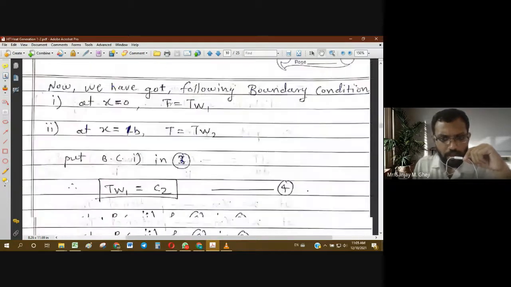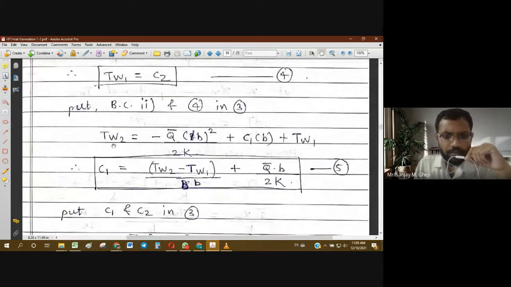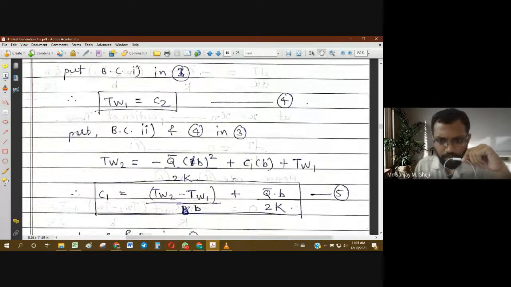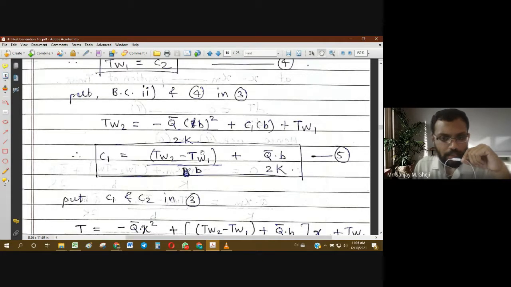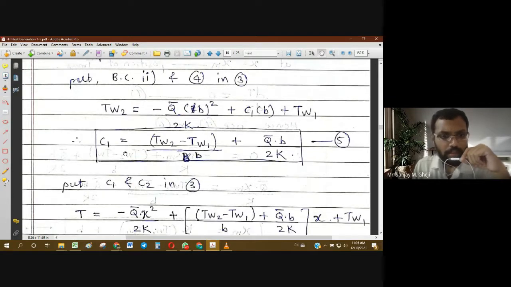So TW2 equals minus q bar by 2k B square plus C1 into B plus TW1. From this equation we can rearrange the terms for C1, taking C1 on one side and the rest of the terms on the other side. C1 equals TW2 minus TW1 divided by B plus q bar B upon 2k. This is equation number 5.